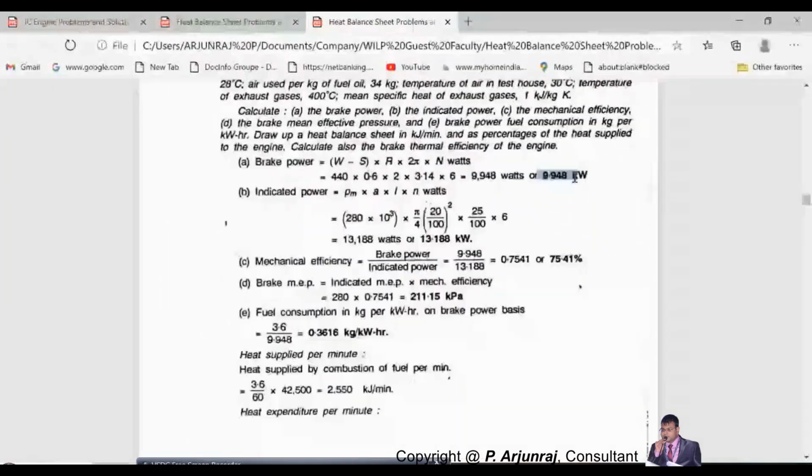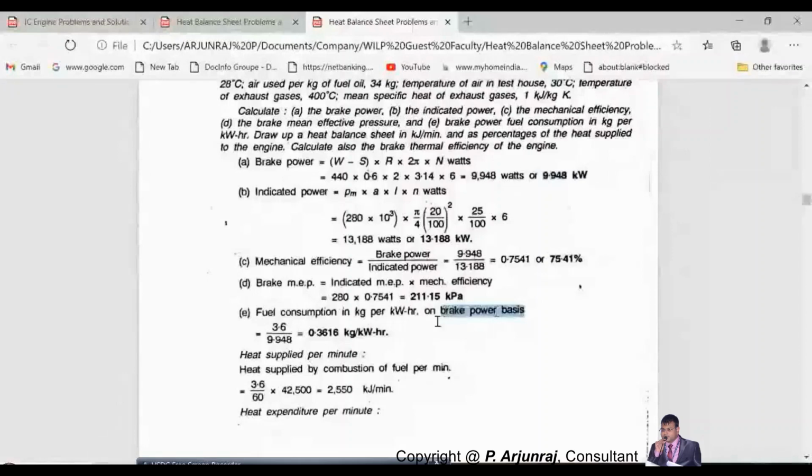Wait, this is the brake power. So with respect to the brake power, you need to calculate the fuel consumption, because they are asking to calculate the fuel consumption in kilogram per kilowatt hour on a brake power basis.